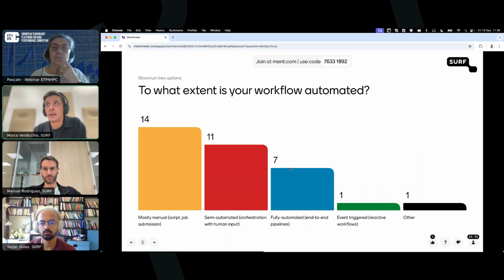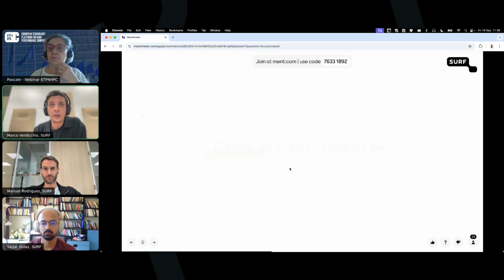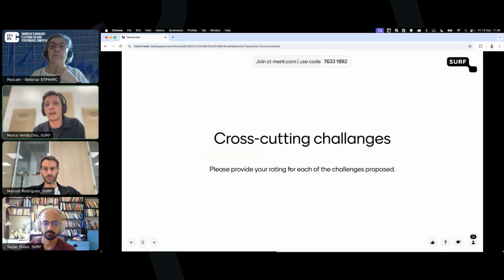Okay, looking at the time as well, I'd like to move to the second part of the Mentimeter. As I said, we would like to get your feedback, giving you the possibility to vote and rate the challenges that we propose.